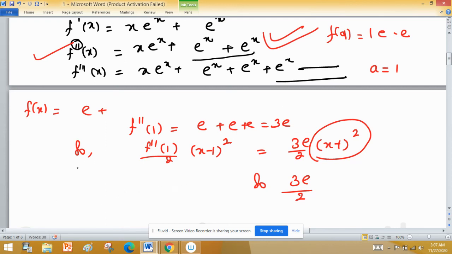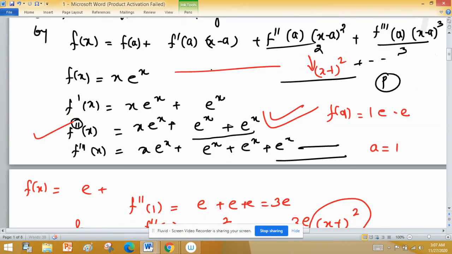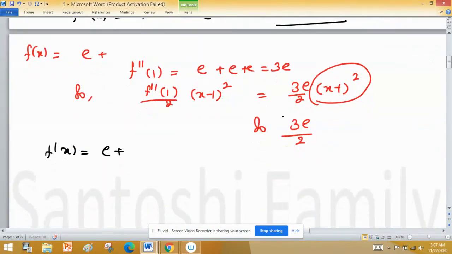If somebody uses it, it will be f(x) equal to f(1) plus the first derivative at 1, which will be e plus e, it means 2e (x minus 1), plus again 3e by 2 (x minus 1) whole square and so on.